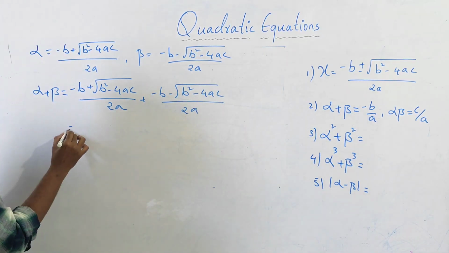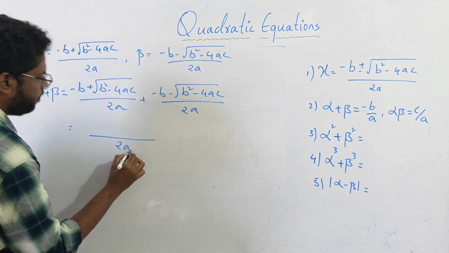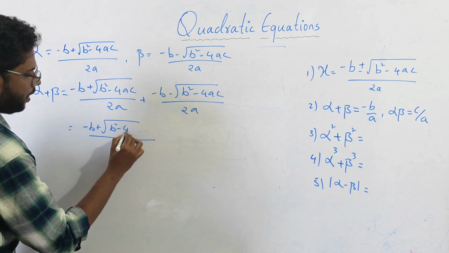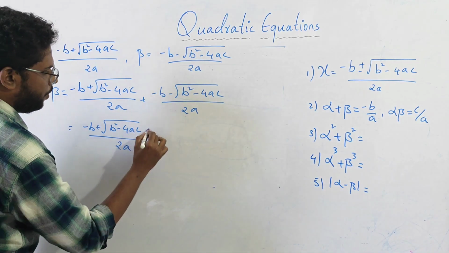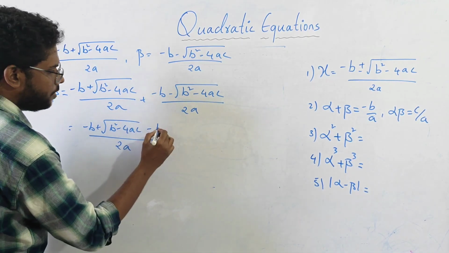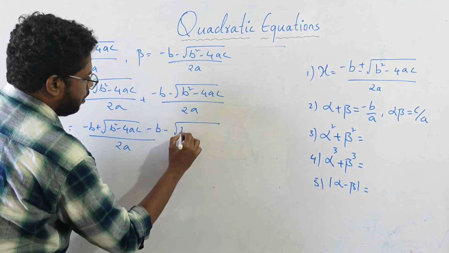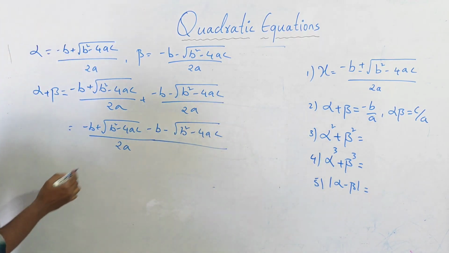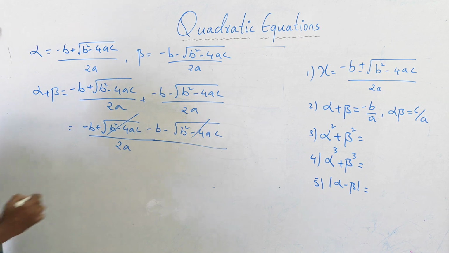Take the LCM. What LCM do you get? 2a is the LCM. Now minus b plus under root b square minus 4ac, plus minus b minus under root b square minus 4ac, correct? See here, this plus term and this minus term get cancelled.